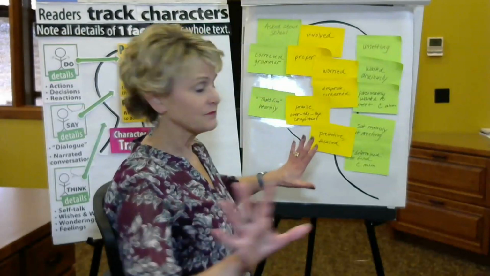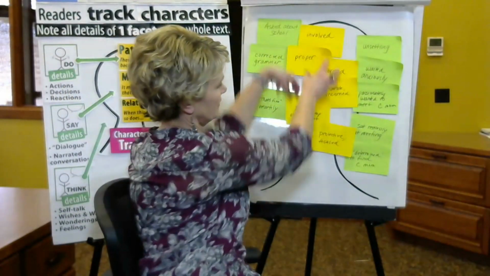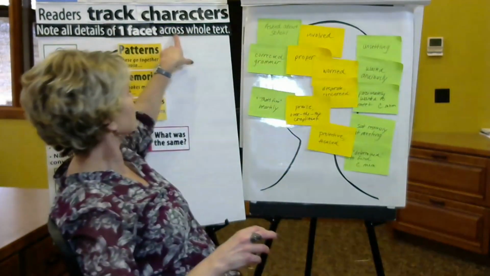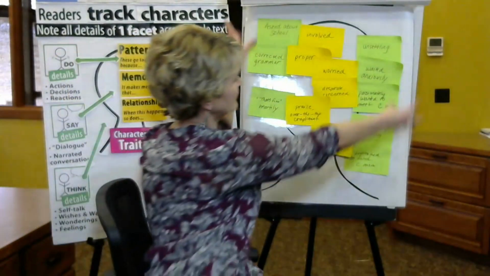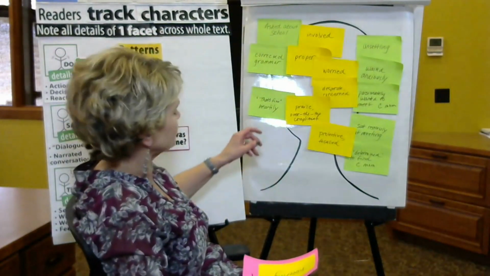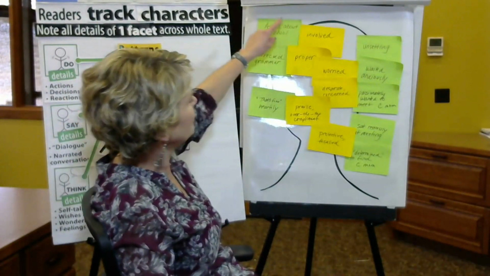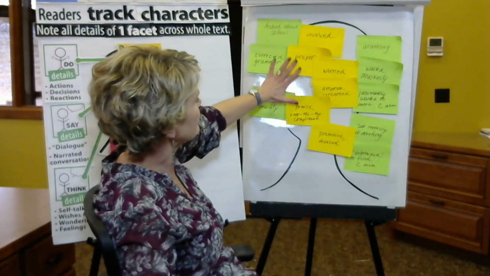Okay, so now I'm trying to come up with a word that fits all of these, right? Because it has to be a word that fits the mom across the whole text. So I've collected the details and I'm putting them together. Now let me just think out loud. You just listen for a second. So the mom is involved. She's very worried, involved. She's trying to do the right thing.